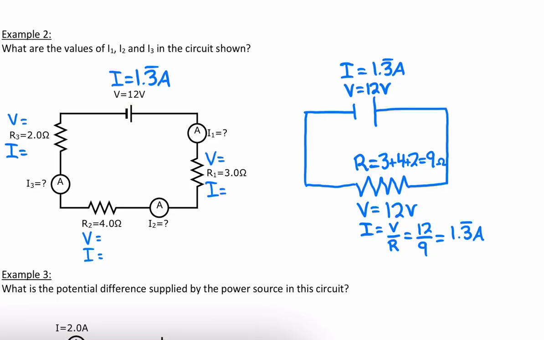All those currents should be the same. So I1 is going to have to be 1.3 repeating amps. And I2 is going to have to be 1.3 repeating amps. And I3 is going to have to be 1.3 amps.